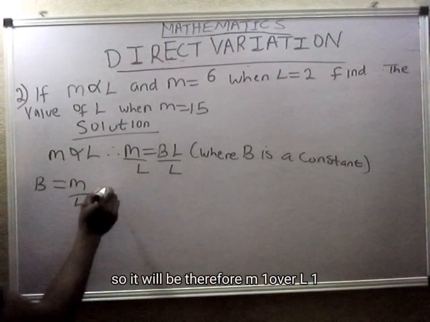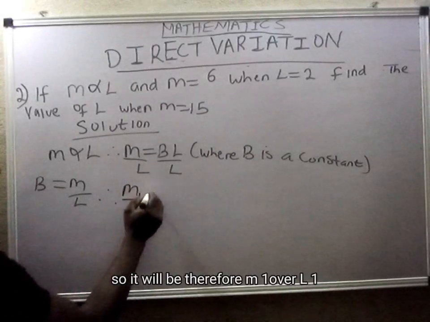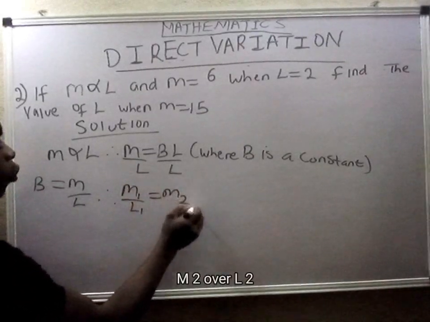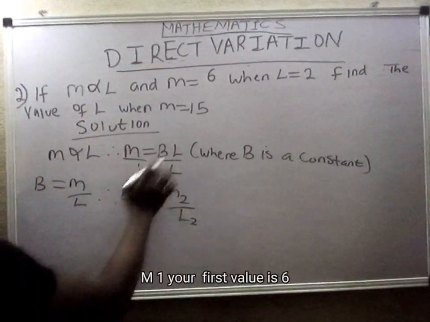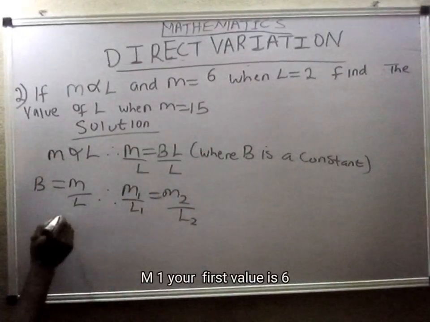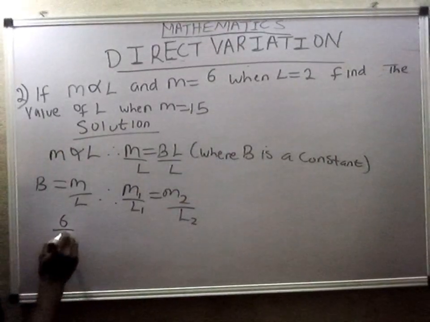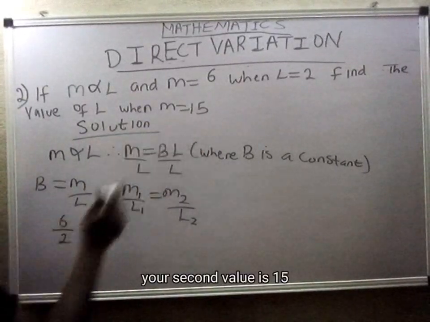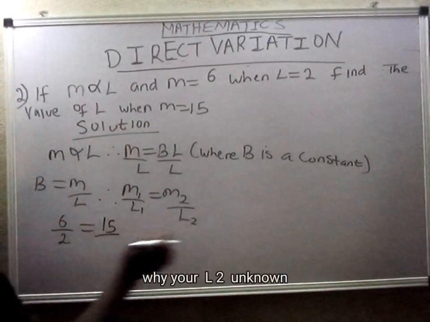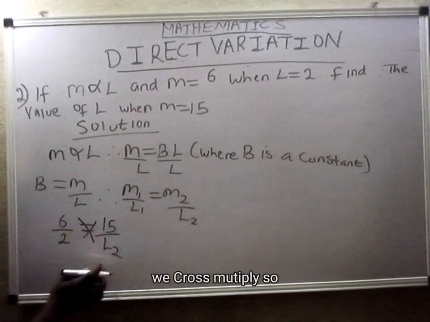So we have M1 over L1 equals M2 over L2, because we have two values. M1, the first value, is 6, over L1, the first value, is 2, equals M2, your second value is 15, over your L2, unknown.